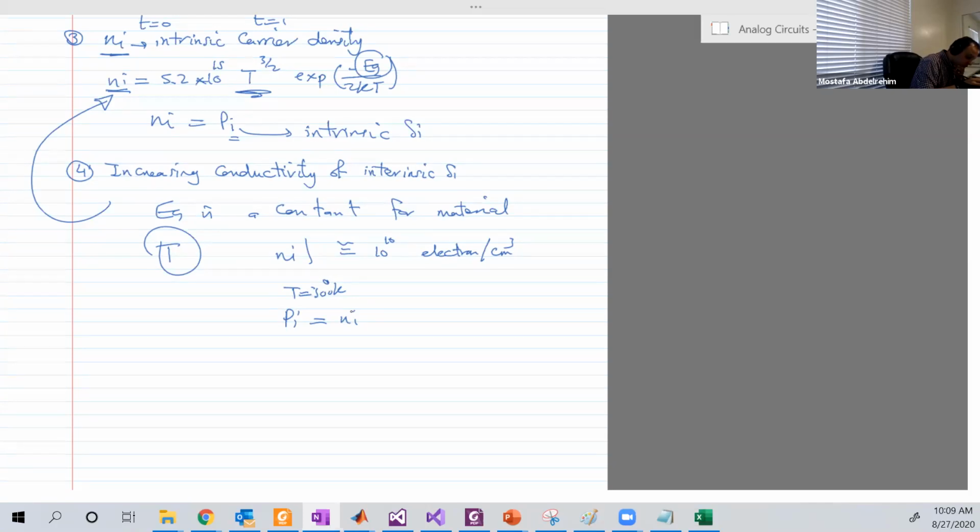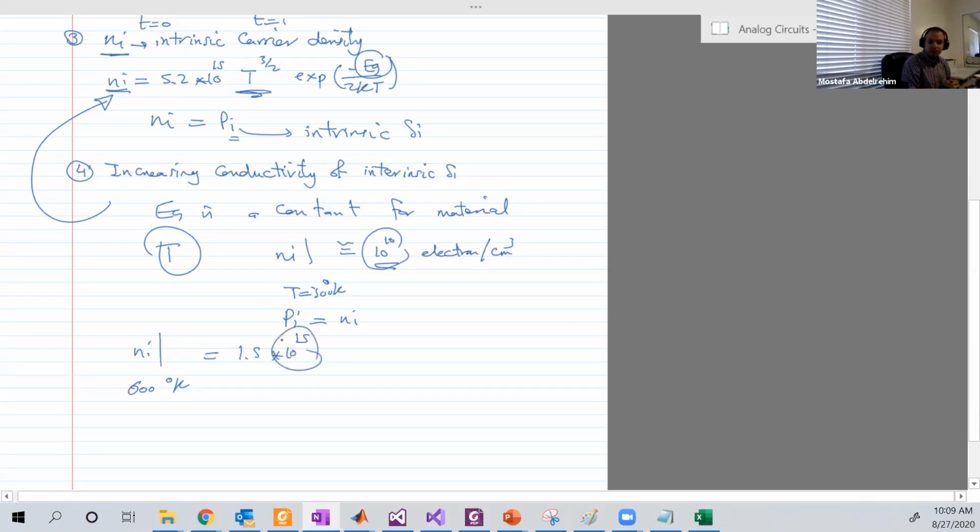So these are the concepts that we covered. So at 300 Kelvin, we have 10 to the power 10. For example, if we increase the temperature to 600 degrees Kelvin, Ni would be 1.5 multiplied by 10 to the power 15. So it increased from 10 to the power 10 to 10 to the power 15.